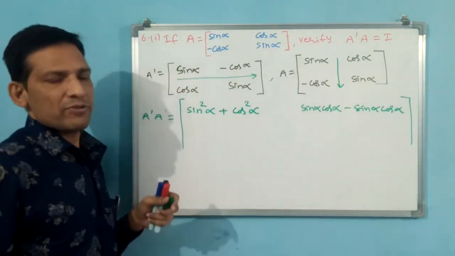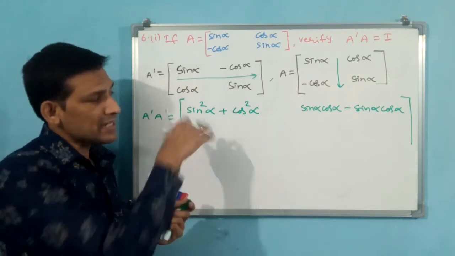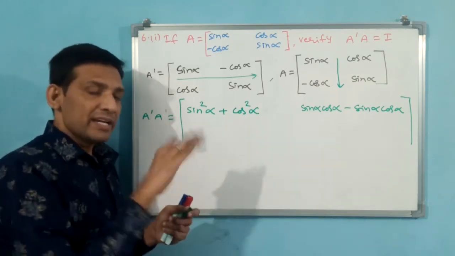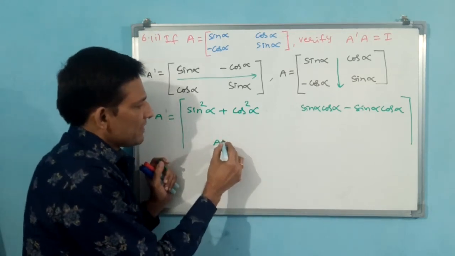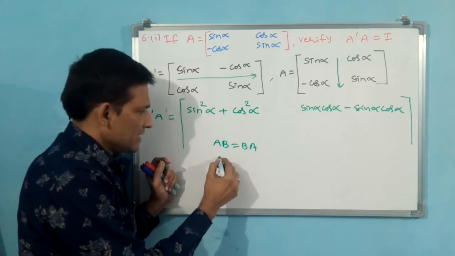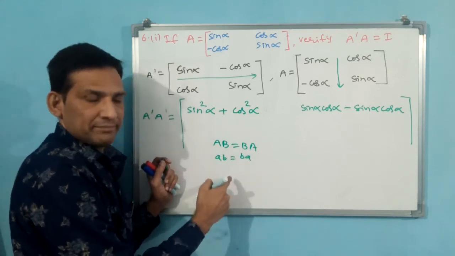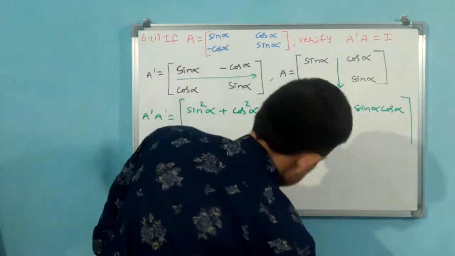Both you can write. Elements you can interchange, but matrices you cannot interchange. AB is not equal to BA because these are matrices, but inside, AB is equal to BA because these two are elements. Keep that in your mind.